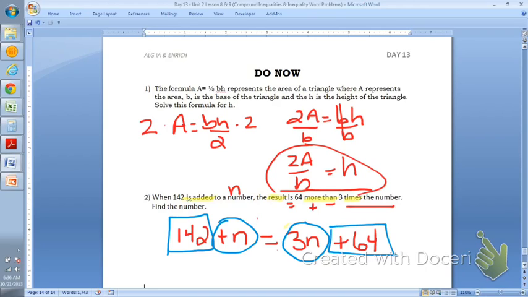We have to combine our like terms. Notice that you have variables on both sides of the equation. That's one of your earlier lessons in this unit. So what do we do? We make sure that our variable terms are on the left and our constants on our right. So we have to move that 3n to the other side as a negative 3n, and our 142 to the right as a negative 142.